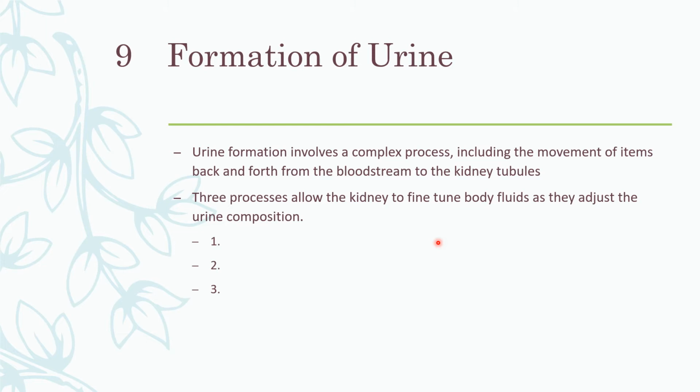So 3 processes are going to allow the kidneys to fine-tune those body fluids as they adjust the urine composition. First is glomerular filtration, next is tubular reabsorption, and then finally we have tubular secretion. Okay, so I'll say those one more time: glomerular filtration, tubular reabsorption, and tubular secretion.